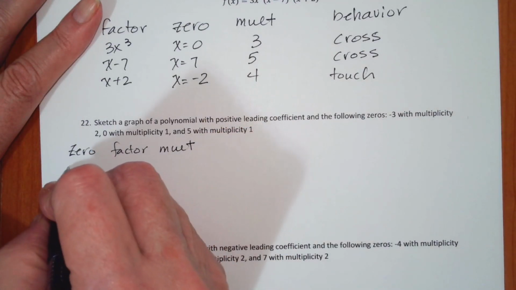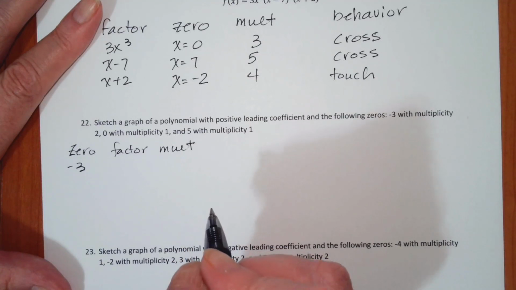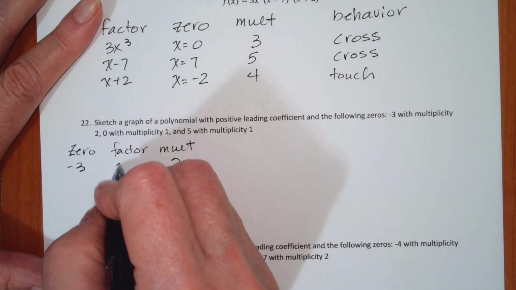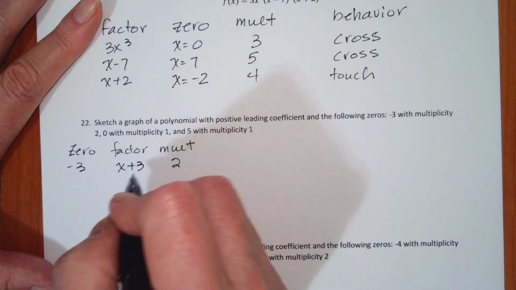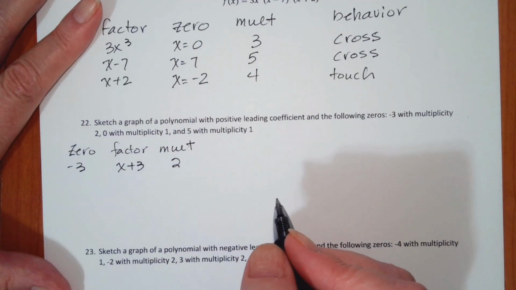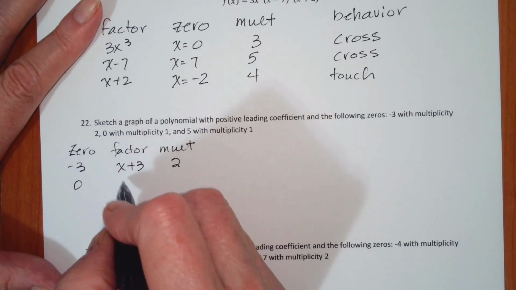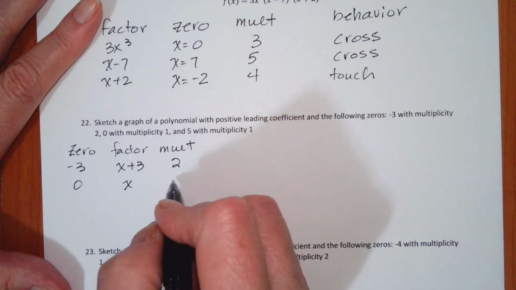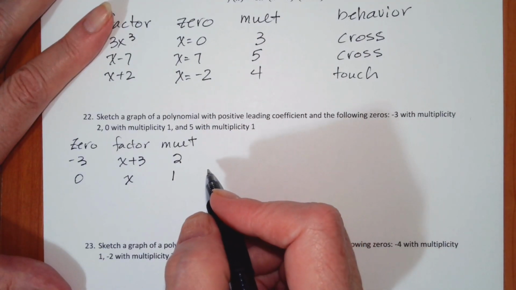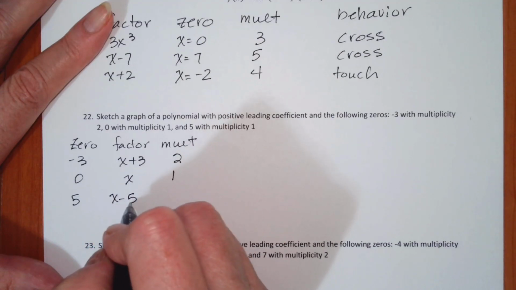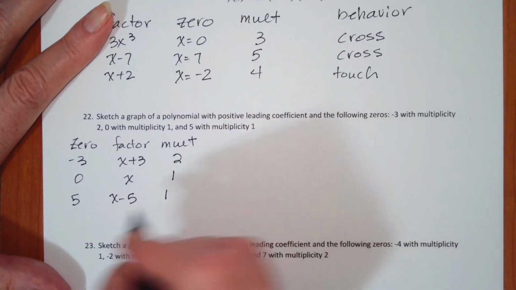So I have -3 with a multiplicity of 2. So the factor is x plus 3. I have a 0 of 0, which means the factor is just x. It has a multiplicity of 1. And 5, which means the factor is x minus 5 with a multiplicity of 1.